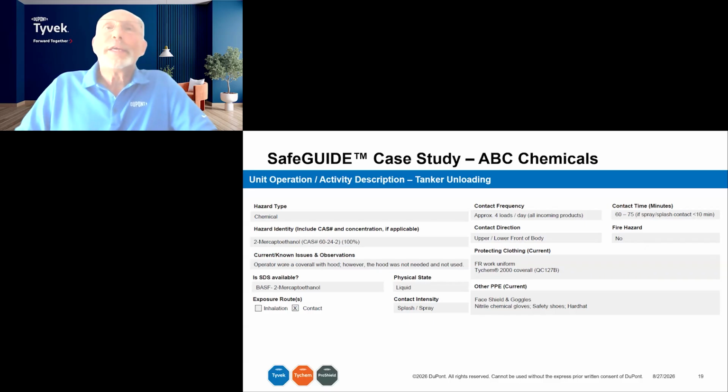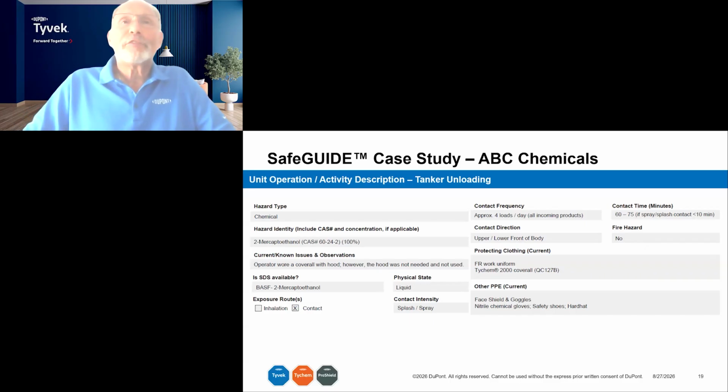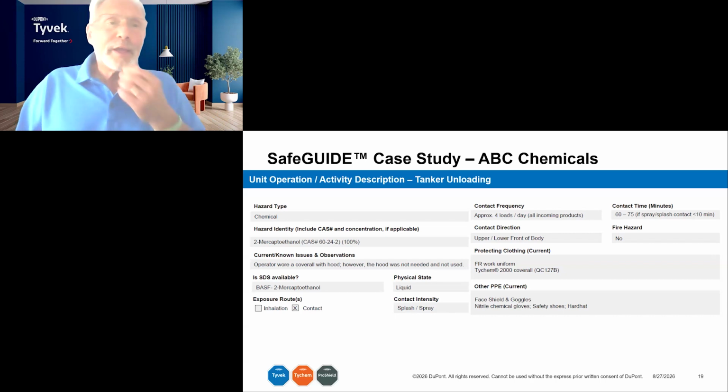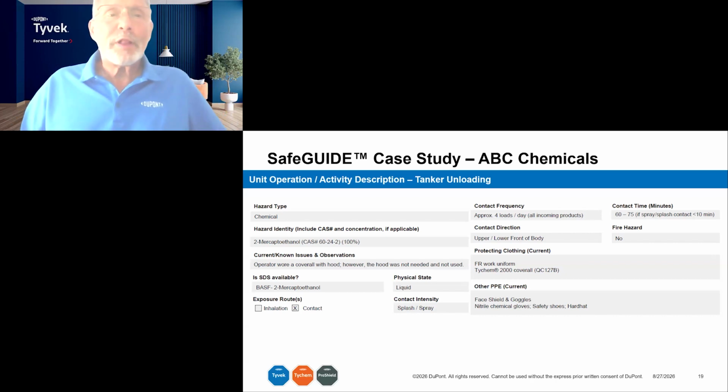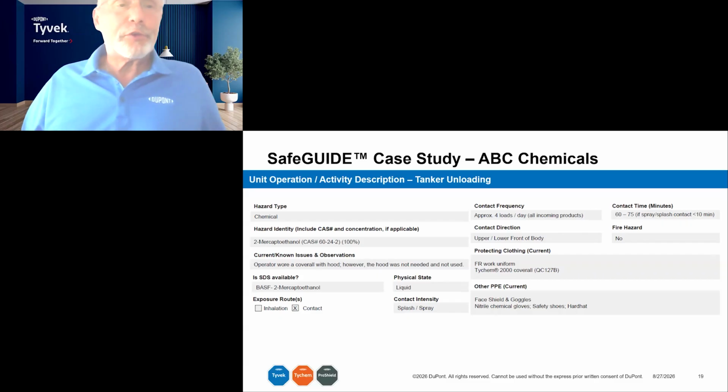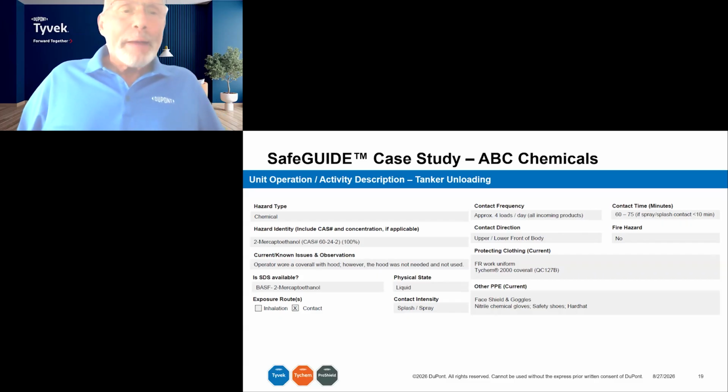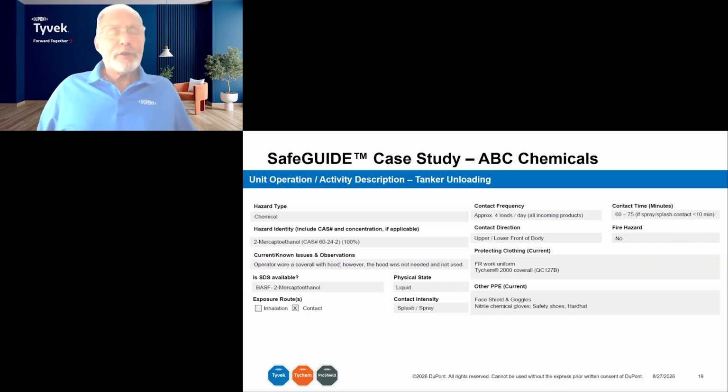So here is a summary of the hazard risk assessment for the operation. So again, we're dealing with a chemical hazard, a liquid chemical hazard. Mercaptoethanol for this particular operation presented a contact exposure, but no inhalation exposure.